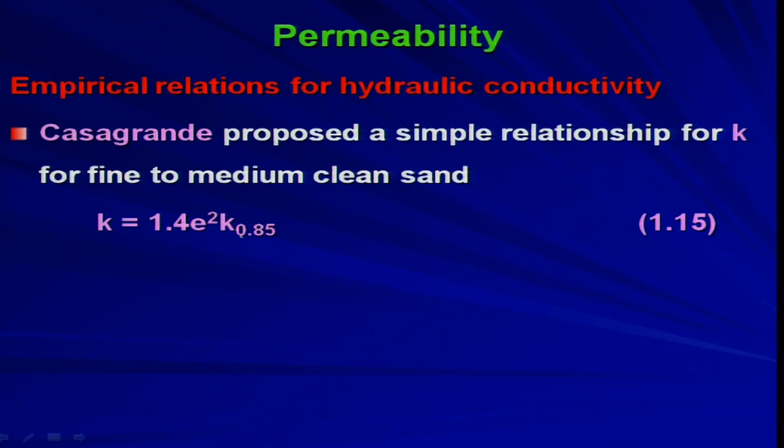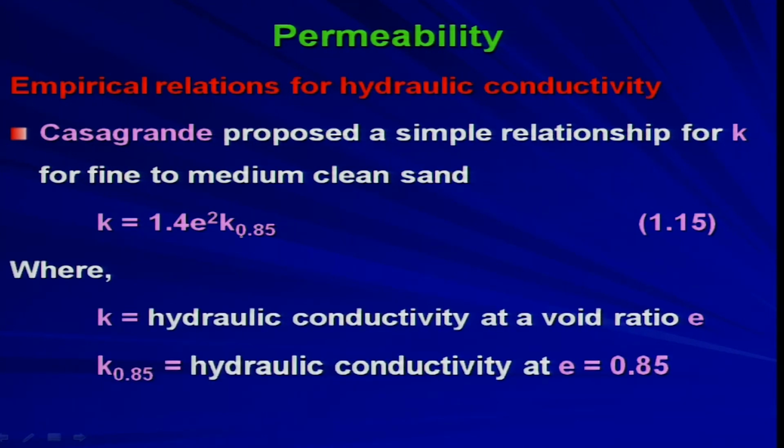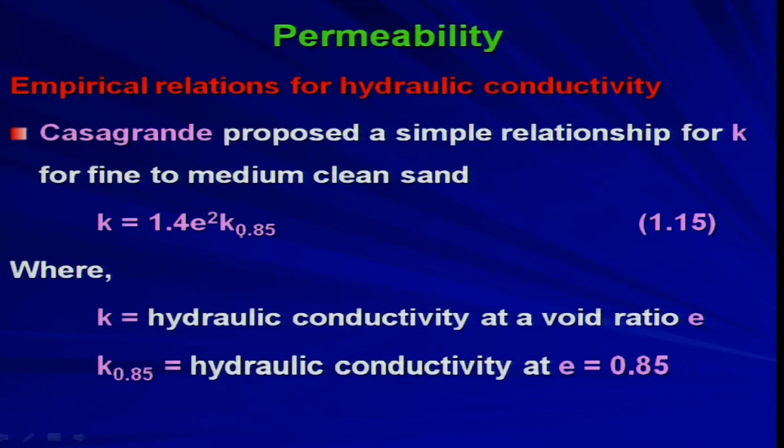Now, what is k 0.85? Let us see, where k is the hydraulic conductivity at a void ratio e. Suppose you have got some sand, so you can find out the void ratio. At that void ratio, you wish to obtain the hydraulic conductivity. So, corresponding to that e, you want to find out k.